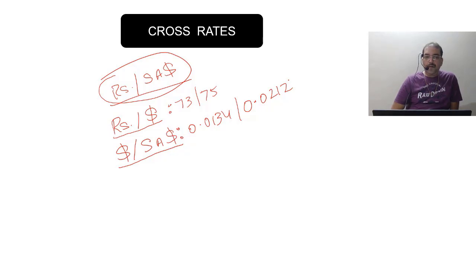Okay. So I don't want to go into technicalities of this. People will teach you the technical way of solving this. They will say first you go to American market, you purchase dollar. Then you come to South African market, you sell dollar and purchase South African dollar.